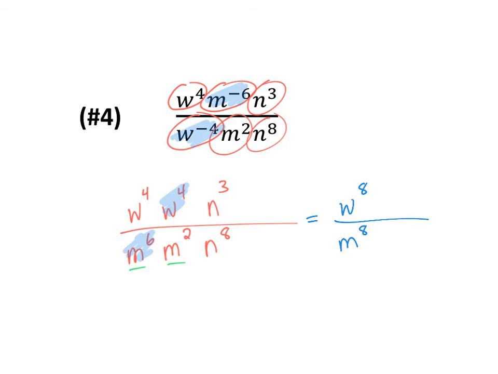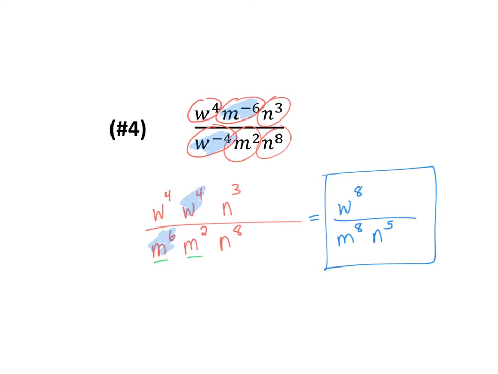And then if you look at the n's, there's an n to the third on top, and there's an n to the eighth on the bottom. There are more n's on the bottom, and how many more? There are 5 more. 8 is 5 bigger than 3, so this would be your simplified answer. And again, I like to get rid of negatives, move them so they become positive, then combine what you can combine. So we end up with w to the eighth over m to the eighth times n to the fifth.